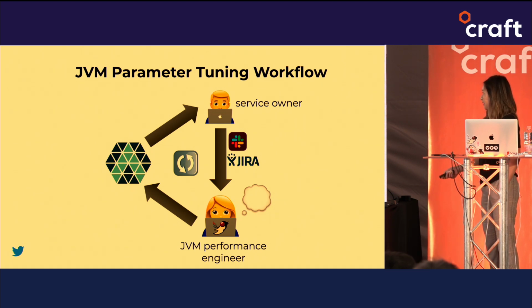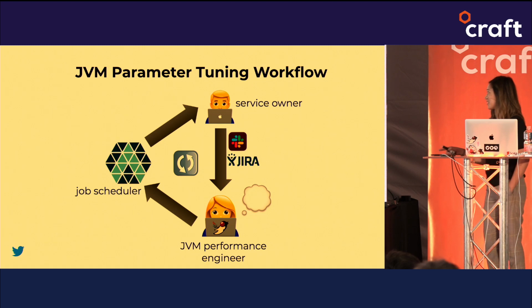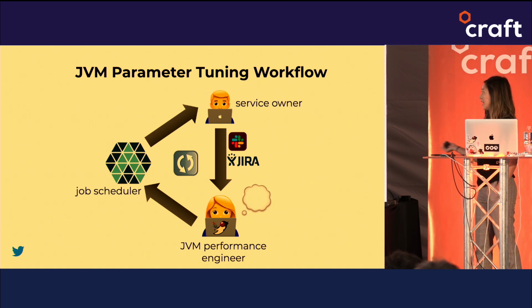Over there is our job scheduler, Aurora, which just remember the symbol because I'll use it a little more later, but it basically takes care of all the steps necessary to restart, roll back, or start an instance with a parameter configuration that you can give it.